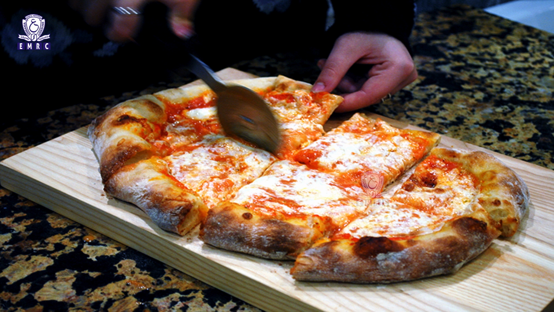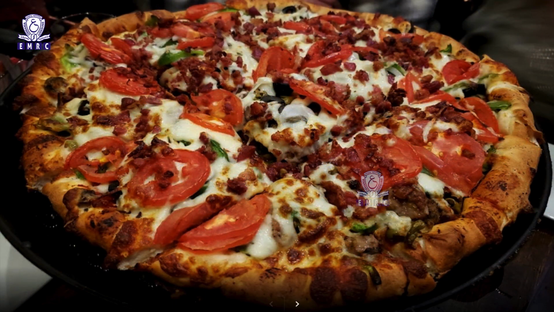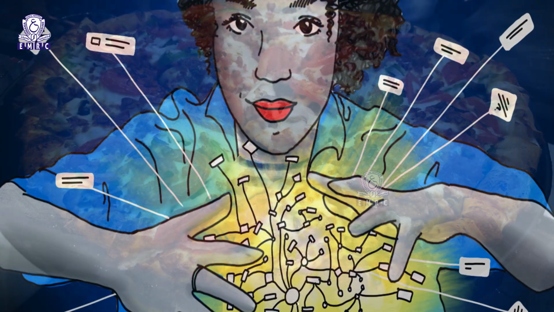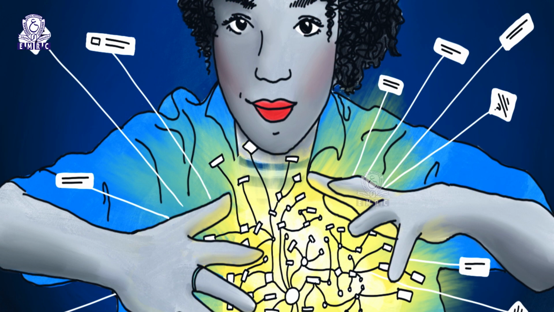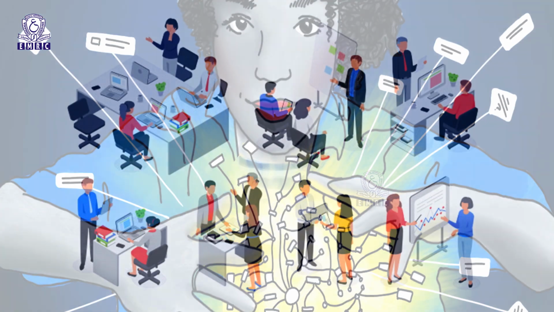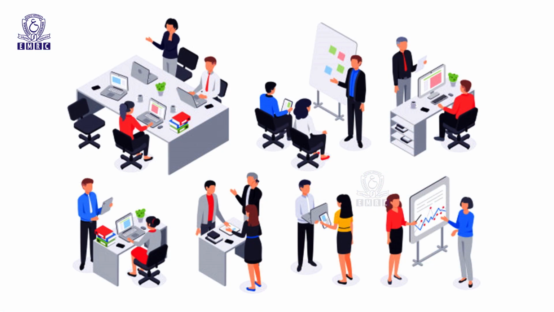Sometimes these problems are straightforward. For example, to double a recipe for a pizza dough, all that is required is that each ingredient in the recipe be doubled.